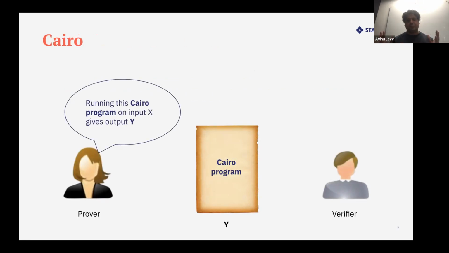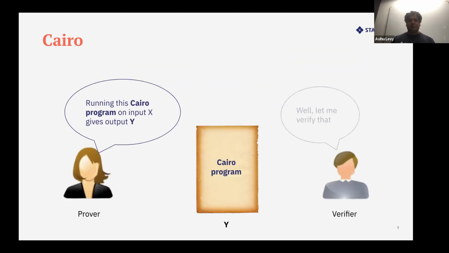You take your program, you write it in Cairo, and then the prover side runs the Cairo program on some input X, and you want to show the verifier that this program generates output Y. So it provides a proof to the verifier, and the verifier verifies this proof. Once he did, and everything is okay, he is convinced that the prover knows the right input to provide this output Y on this specific Cairo program.